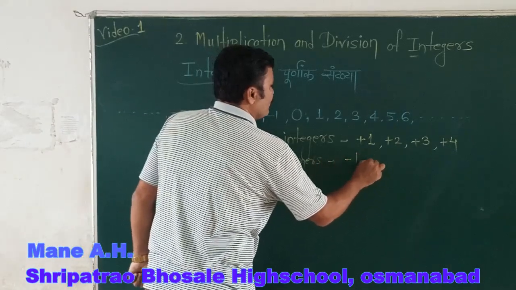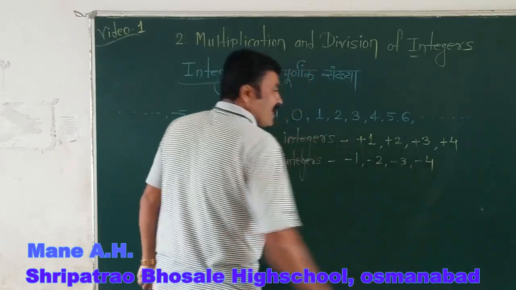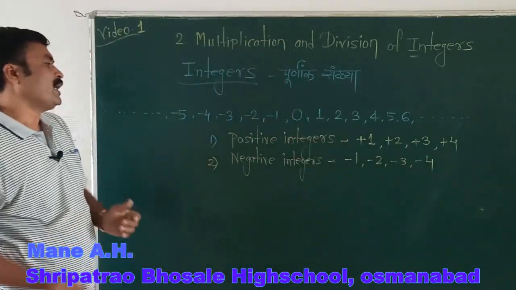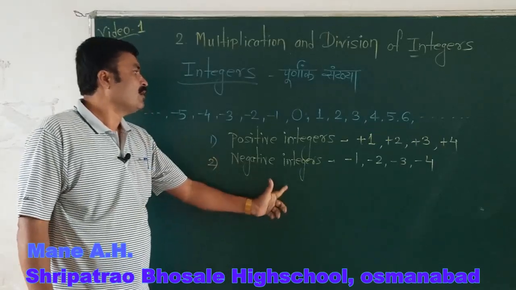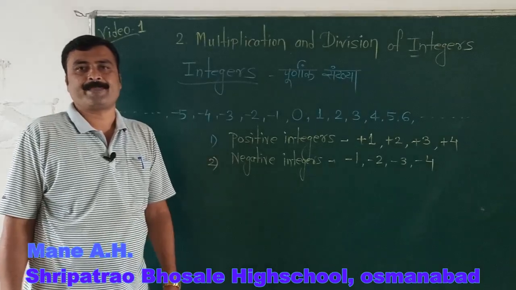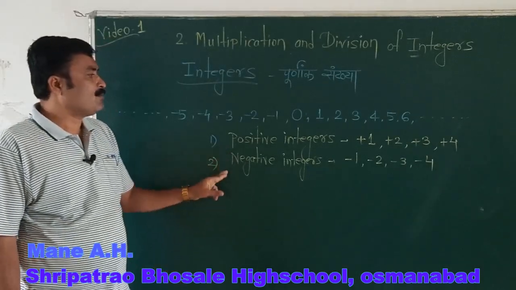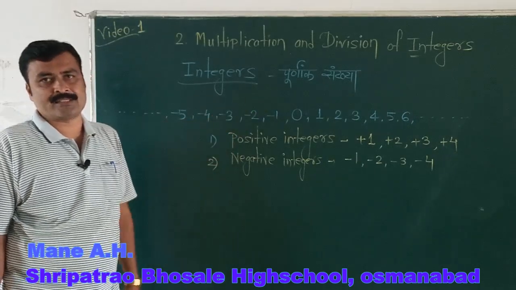So, -1, -2, -3, -4, etc. Whenever you want to write a negative integer, it is compulsory to write down the minus sign there. Now, these are the main 2 types of numbers in the group of integers.